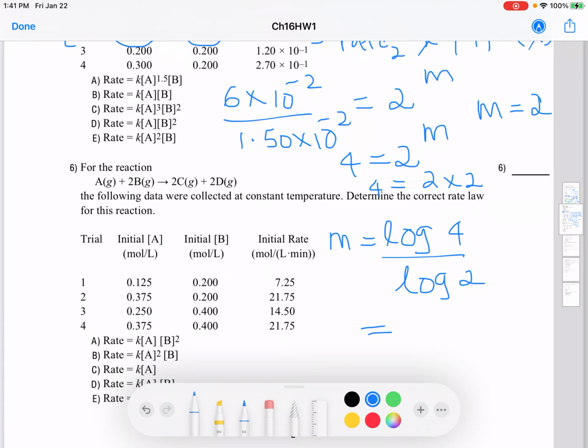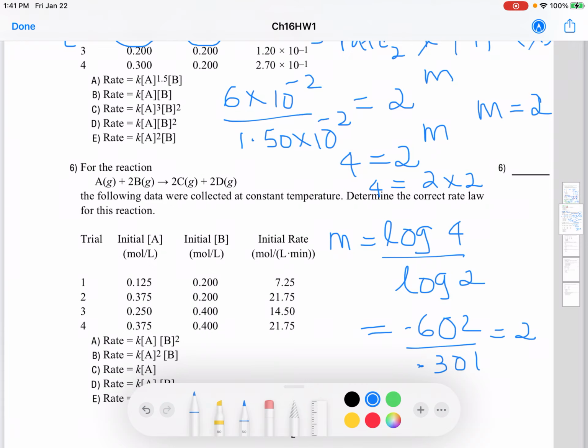You can calculate it on your calculator. Find out what log 4 is and let me know. Okay, so that's 0.602 over log 2, which is 0.301, which is again 2. So you can find m like that. So we found the order with respect to A, which is 2.